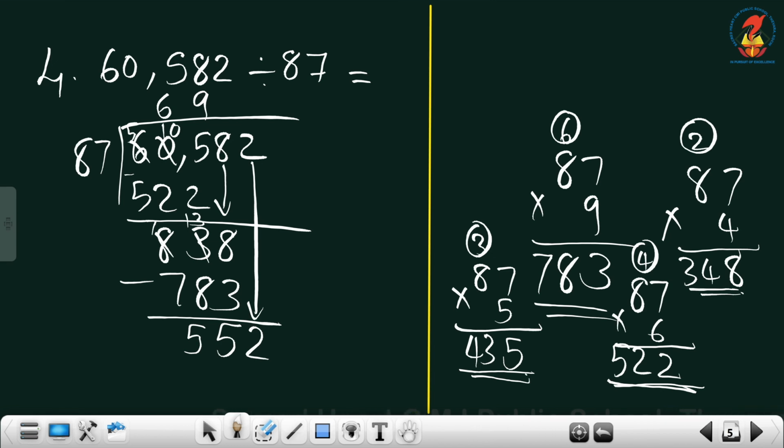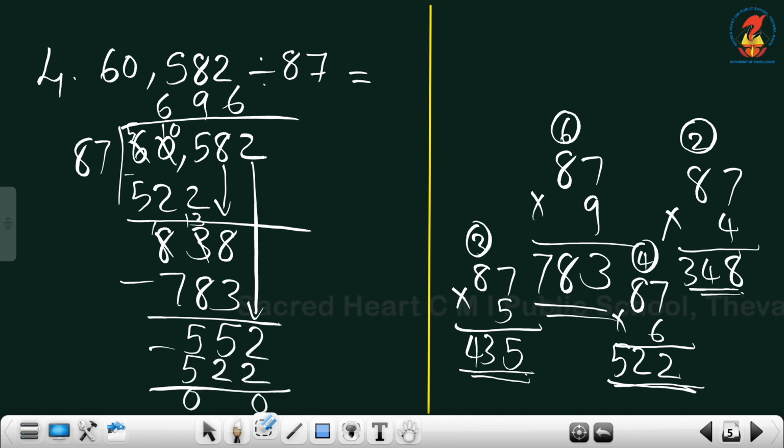See, 87 into 6 is 522. That we can take. You need to multiply with each and every digit like that. After that you need to take just the number below. Okay. 2 minus 2 is 0 and here 3, 0. Remainder is 30 only, right?